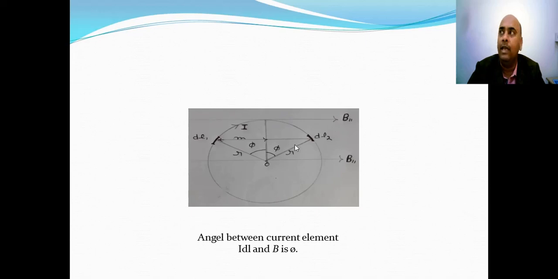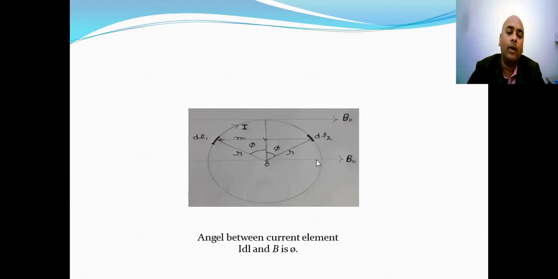Now, if dl1 or dl2 lies on the reference line, then the angle between dl1 and the parallel component is 0. However, if dl1 or dl2 lies at the point shown in the slide, then the angle between dl2 and the parallel component of magnetic field is 90 degrees.